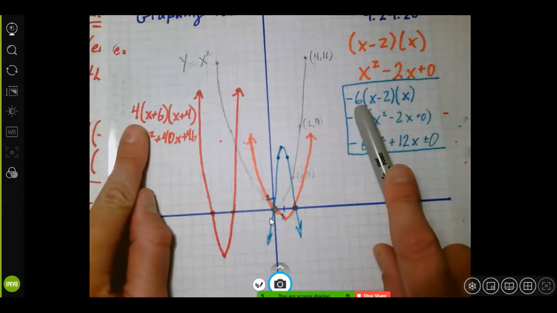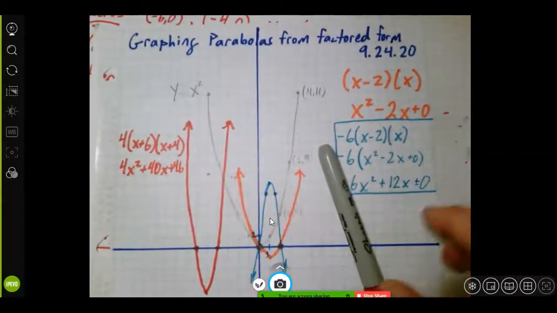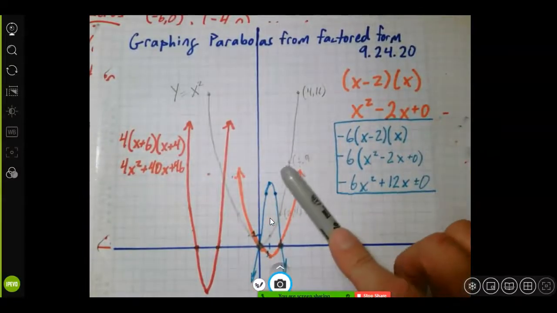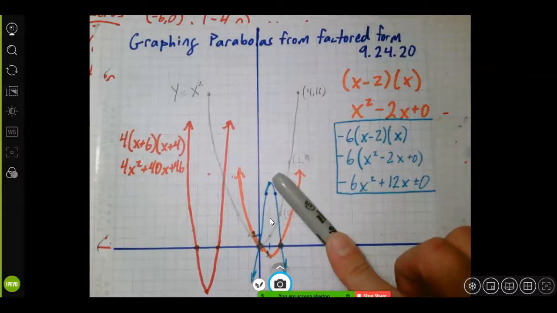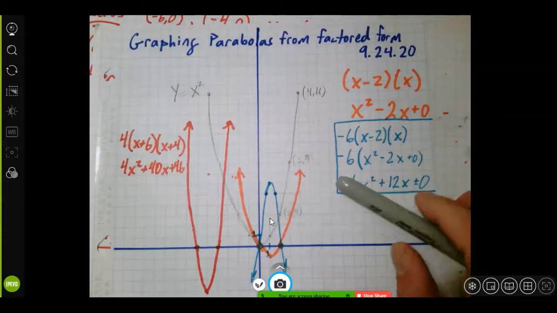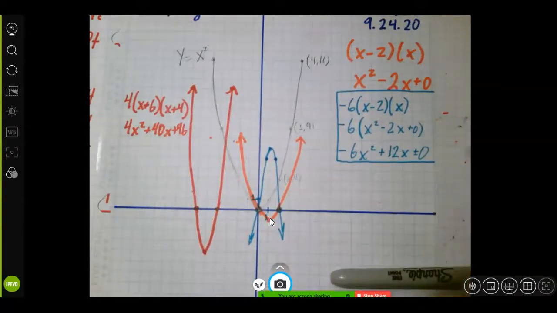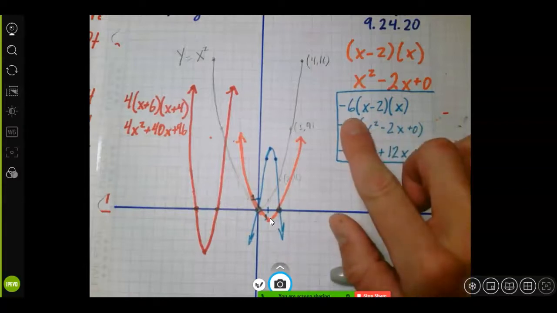So if we made this negative 10 or negative 12, it's going to keep getting closer and closer in. Can anyone tell me why? Why would this be tighter, quote unquote, than if this was negative 3?